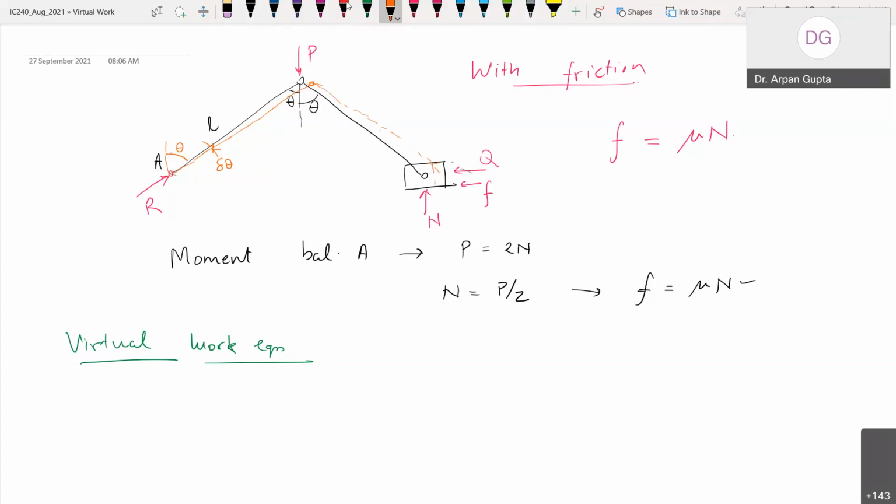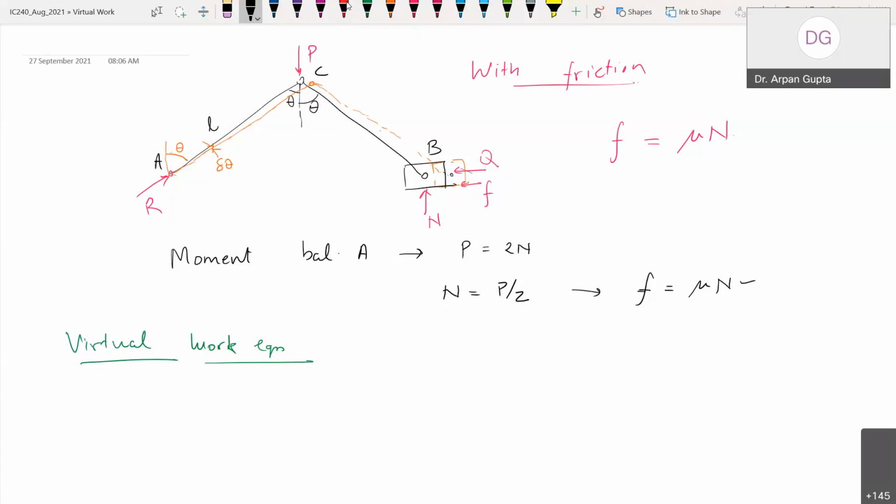So this is going to be the new configuration, and let's name these as B and C. So by giving a virtual displacement delta theta, point C has moved to the new orange configuration, and similarly point B has moved to this new configuration here.